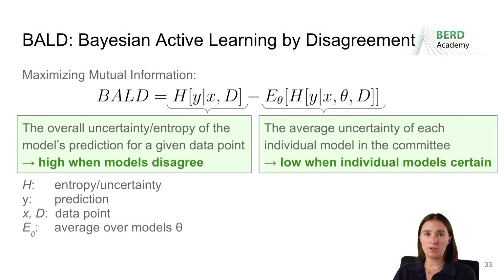Specifically, it uses a measure based on entropy. Here it's called mutual information, which is just the difference between those 2 entropy-related measures.